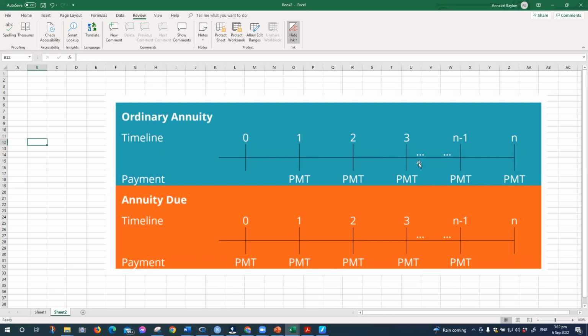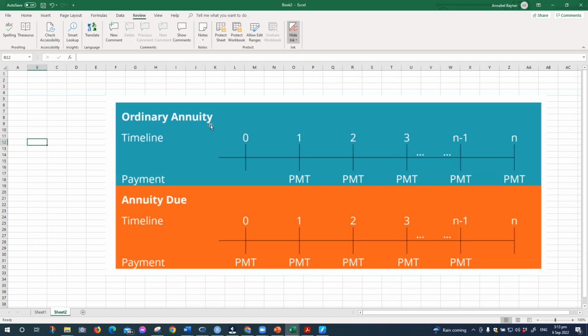So these are equally spaced intervals of time. Kung daily itong mga spacing nito. And this one, PMT, that's your payment. This is now the cash flow. And notice the PMT, it's constant. Pare-pareho siya. So kung 100 to, dapat 100 yan.